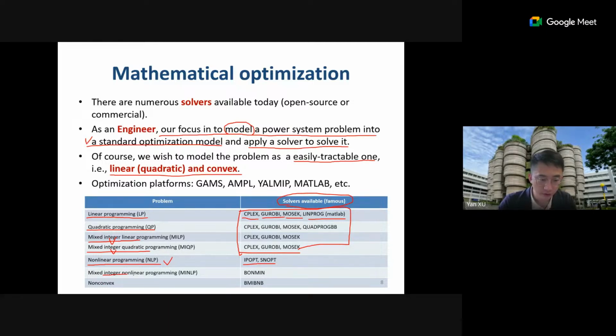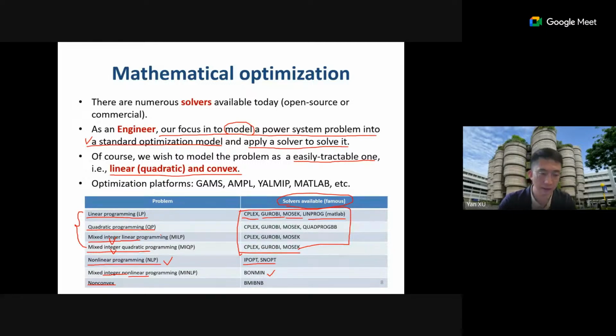Mixed integer nonlinear programming is very difficult to solve, and open source solvers can do it. However, once again, we cannot guarantee the performance and the solution time. And for the non-convex problem, yeah, we cannot guarantee the optimality. So in most cases, we wish our model could be formulated in these four formats: linear, quadratic, mixed integer linear, or mixed integer quadratic.